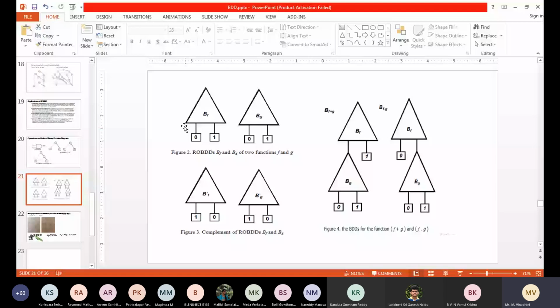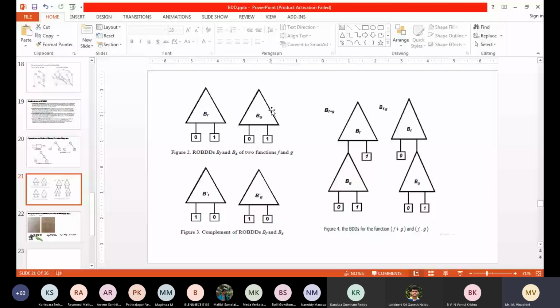So imagine that behind this triangle there is a reduced ordered binary decision diagram. For any reduced ordered binary decision diagram, you all know there will be only two leaf nodes, one is 0 and another is 1. Similarly for this function also, two leaf nodes, one is 0 and one is 1.